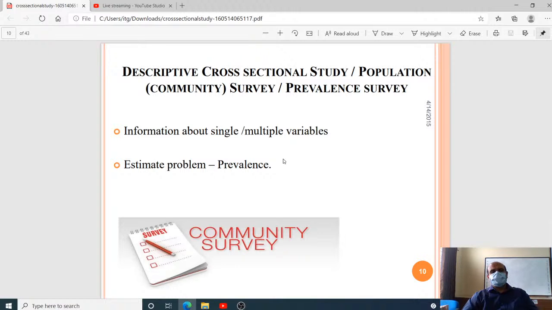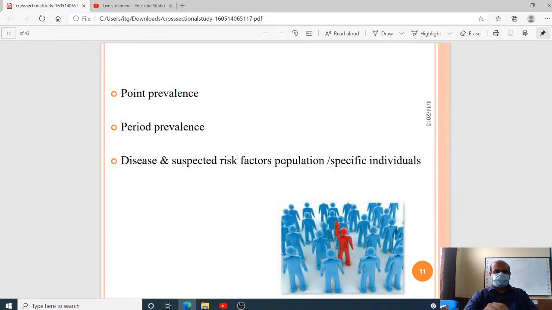They give information about single or multiple variables, or single or multiple risk factors, or estimate the problem like prevalence.